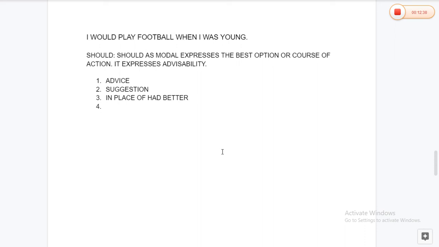Should also expresses moral duty. Should also expresses advisability. Had better is an expression which means you should do, something you should follow, a course you are recommended to do.